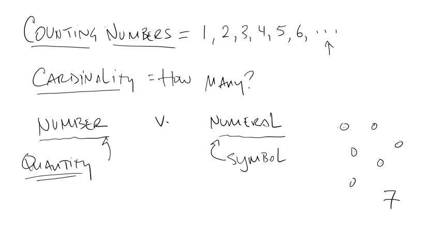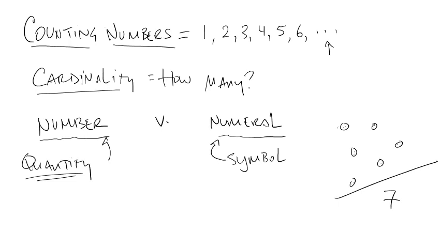If you were to see this just on the surface, it'd be really easy to think, well, the student miscounted, or the student doesn't know their numbers, or the student saw that there were 7 things instead of 6, when in reality, the student just has the wrong correspondence between the quantity and the symbol, the numeral.